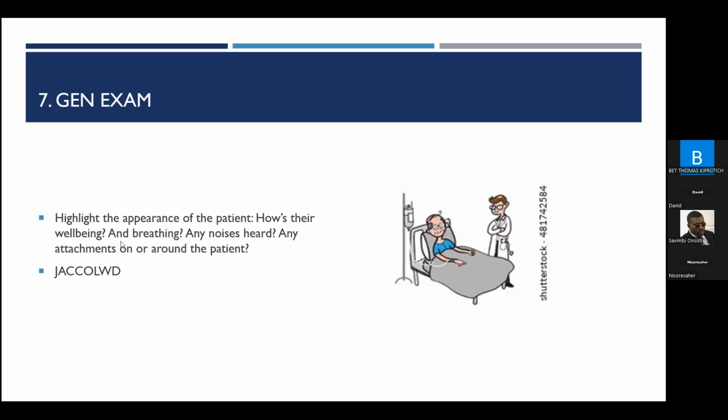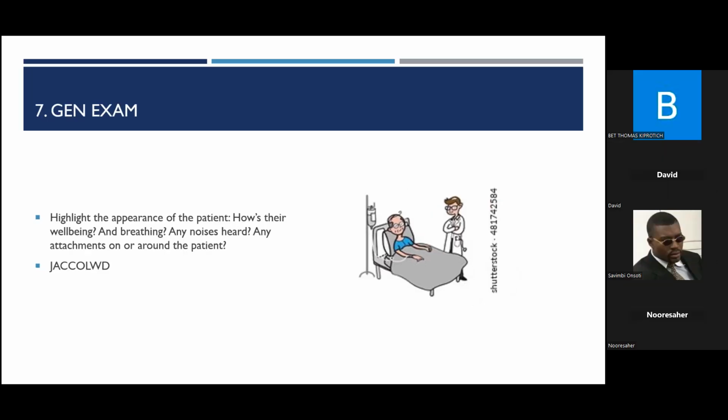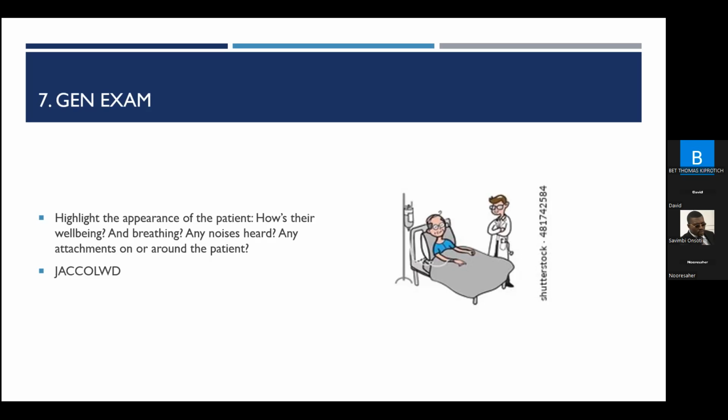You'd also comment on noises if you hear any: wheezing or stridor, wheezing in expiration, stridor in inspiration. You'd also have to comment on attachments around the patient. Things like oxygen and an oxygen mask around the patient are key in telling you that whatever they have going on must be serious.